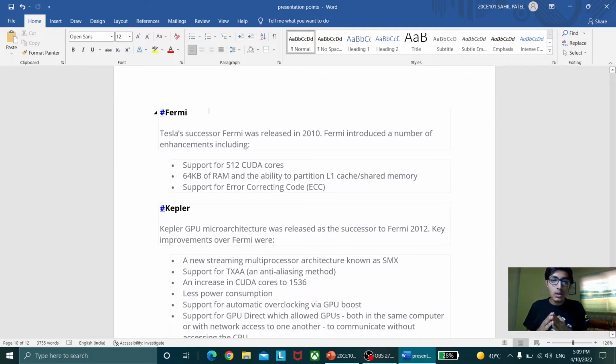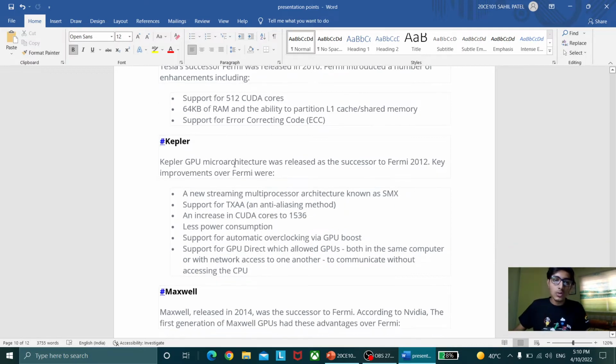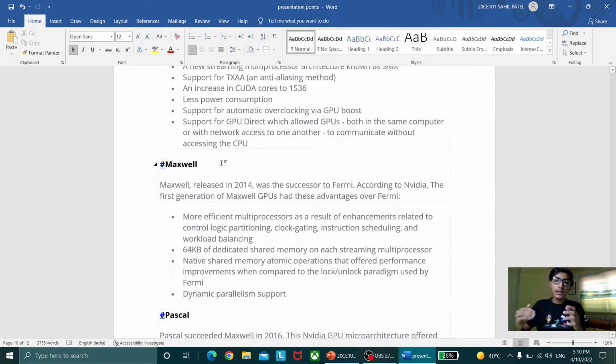Fermi supported 512 CUDA cores and more RAM, with the ability to partition cache and shared memory. Kepler architecture came in 2012, which improved the Fermi architecture with more features. Every architecture came with more improvements, so the modern architectures are the ultimate in terms of improvements.